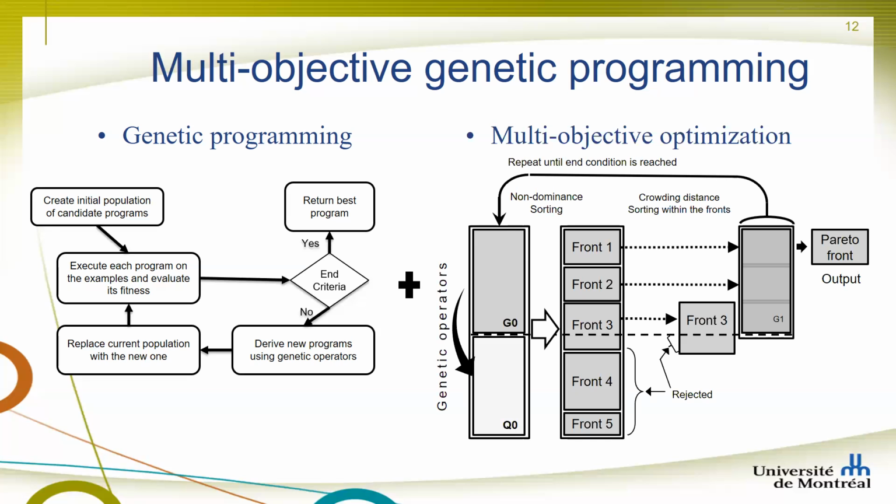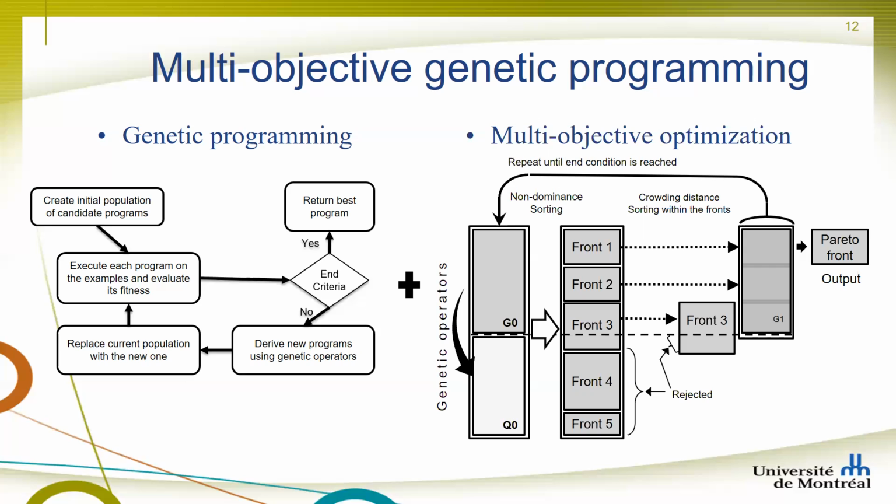So we start with a population of solutions. Then we generate, using genetic operators, another half from this initial population. Then we sort the solutions in fronts. As we have many objectives, we use the notion of dominance.